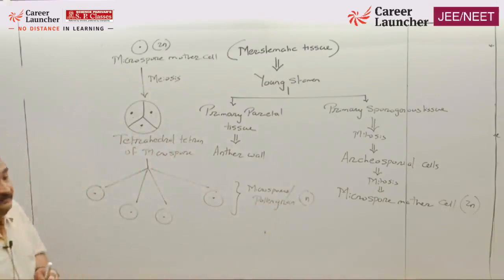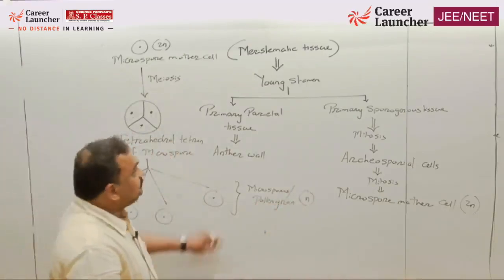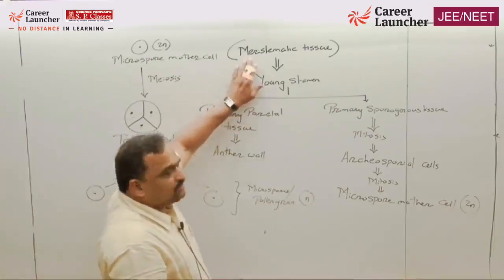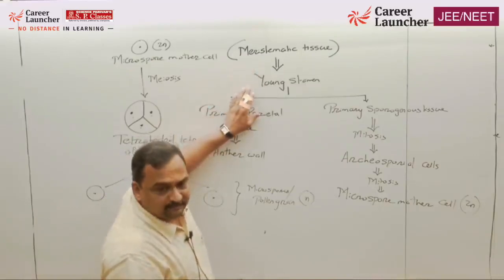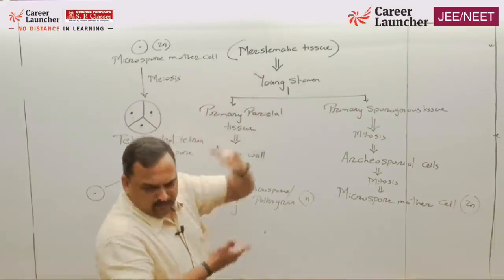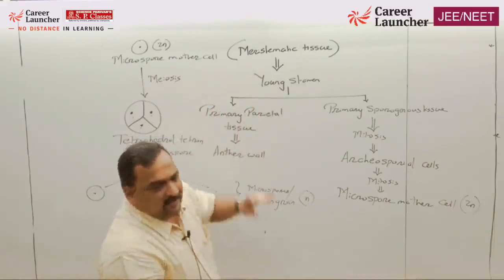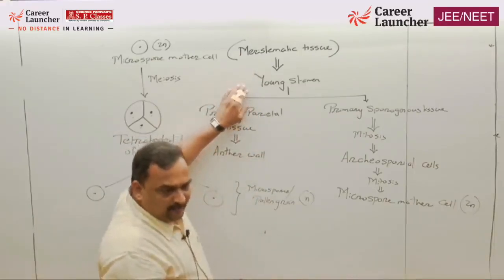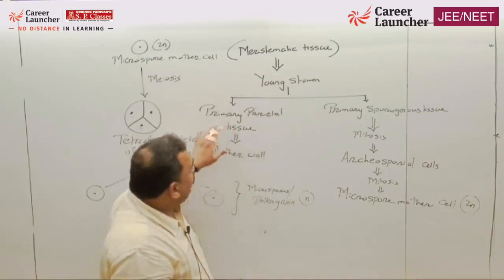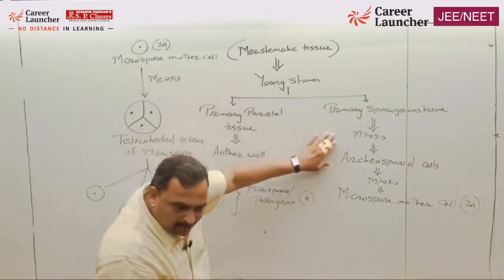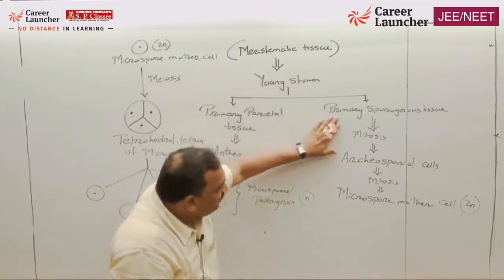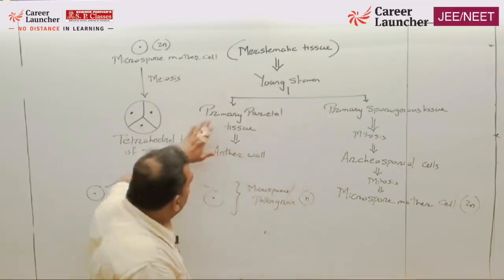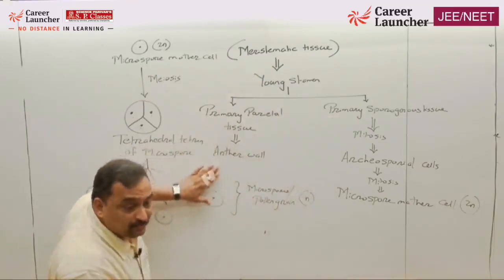So in a young stamen, the meristematic tissue undergoes stimulation to form a young stamen. In the young stamen, as you know, filament is there and anther is there. The anther is developed by two different types of cells. The meristematic tissue forms primary parietal tissue and primary sporogenous tissue. The primary parietal tissue develops into anther wall.